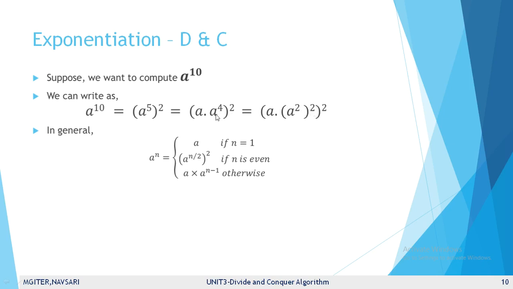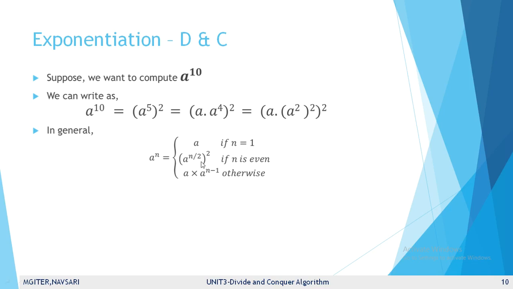So a raised to 4 we can write as a squared, squared. So here how many multiplications are required? 1, 2, 3 and 4 here, for 10. So here we reduce the number of multiplications, meaning we divide the problem into smaller subproblems until we find the solution of the smaller one. So in general, if n is equal to 1, then a is the result.